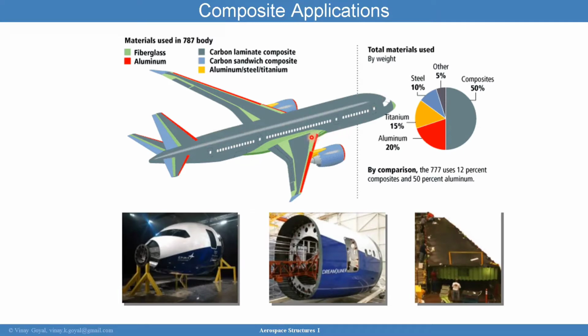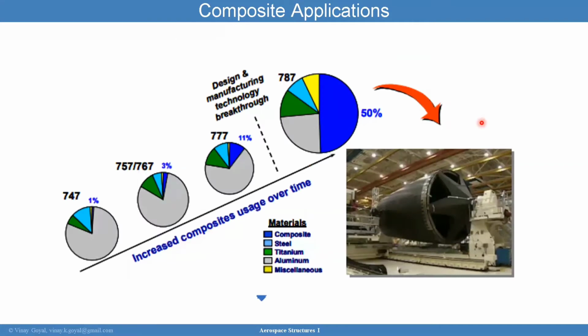Very minor areas are using aluminum, and they're used very carefully. The total materials used in the 787 is 50% composites, as an example. So the material usage of composites has increased dramatically, and it has offered significant benefits.